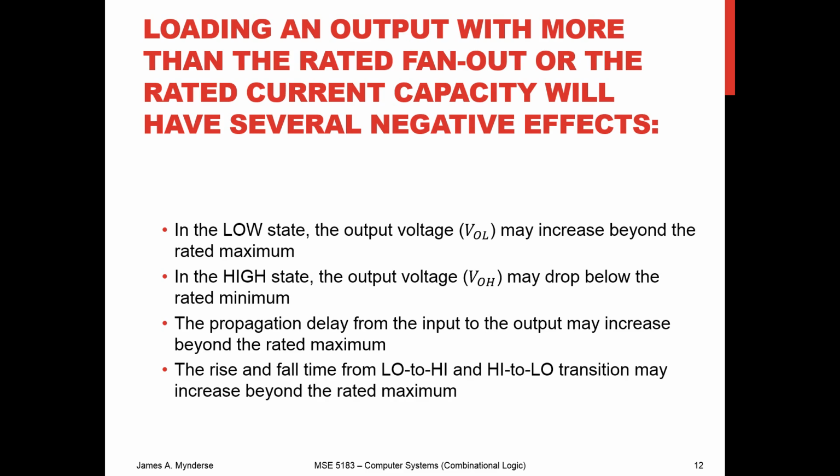You're not getting what you're expecting from your spec sheet. Your voltage levels are now potentially beyond your normal scale, and so you're potentially having misreads in terms of data. You're potentially slowing down things, which could lead to propagation delays that are going to cause glitches. So it's just a bad thing. Don't exceed the fan out, which I don't expect us to do in this class, but certainly keep an eye on the fan out. For TTL, no more than 10 devices.